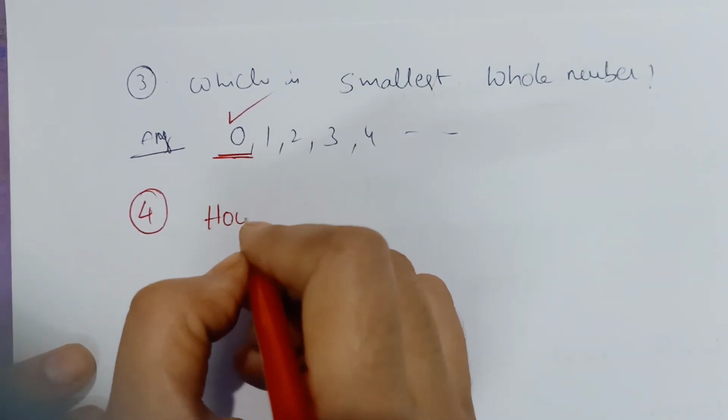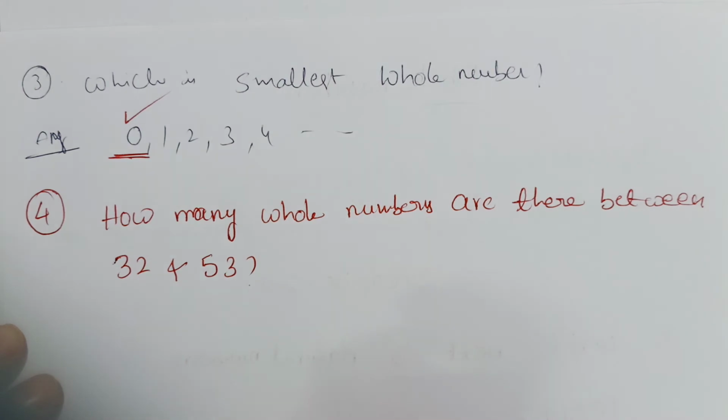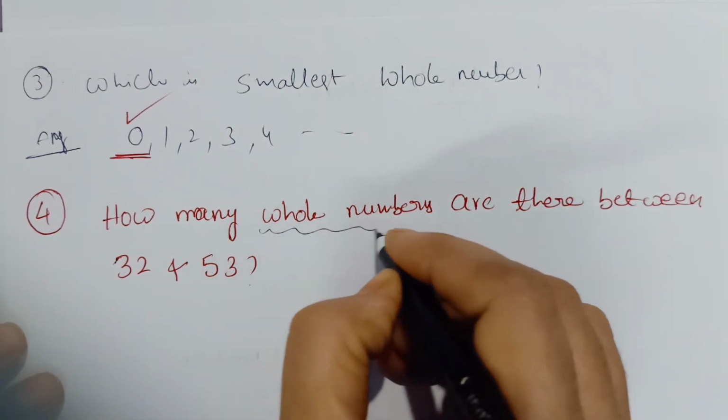Next question: how many whole numbers are there between 32 and 53? What is the meaning of whole numbers?